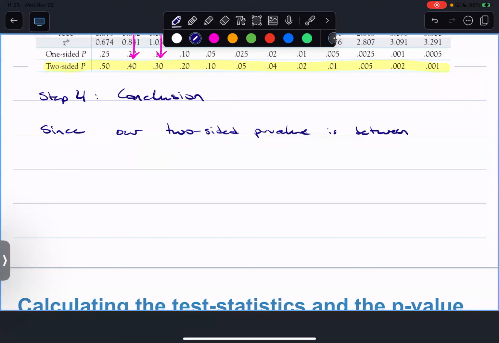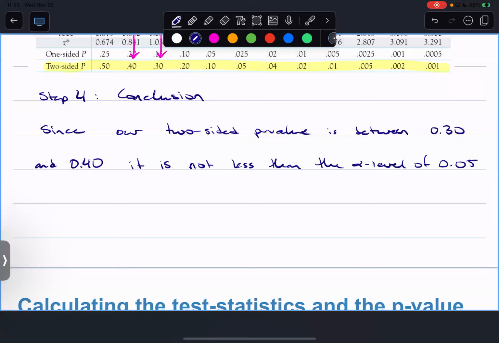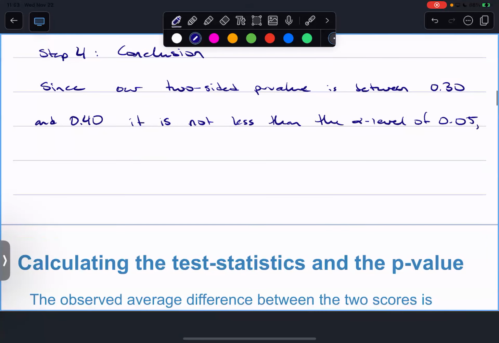But since our two-sided p-value is between 0.30 and 0.40, it is not less than the alpha level of 0.05. It's tempting to just say not less than the alpha level, but you want to explicitly say what it is that you're comparing it to.